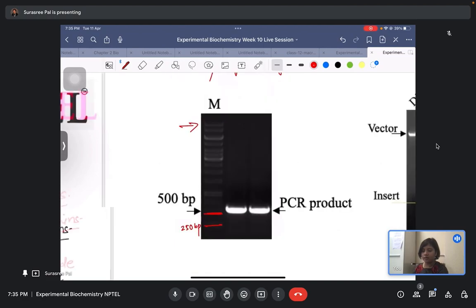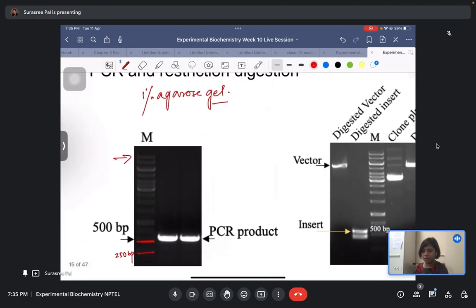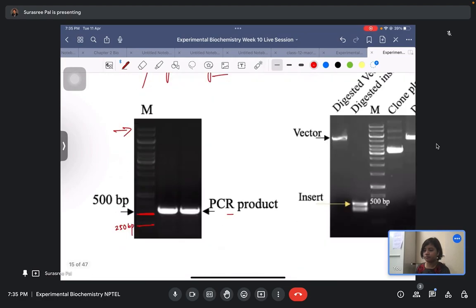So after this PCR amplification, we run the PCR product on 1% agarose gel, and we can see these two bands. So these are my PCR product, and they have the same size as that of the 500 base pair marker. So we know that our PCR product is 500 base pair in length, and therefore there are no non-specific bands present here. There is no other band in this PCR product, right? So that means the reaction has been specific, right?